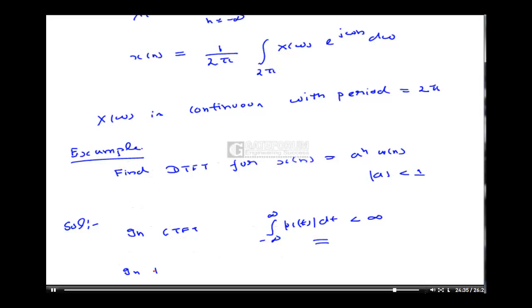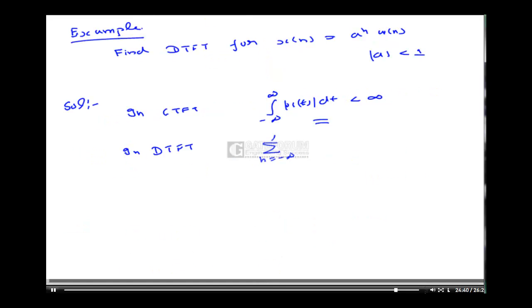Here in DTFT, summation n tending to minus infinity to infinity mod x of n should be lesser than infinity. If we see summation n tending to 0 to infinity mod a to the power n, it is equal to 1 upon 1 minus mod a, which is lesser than infinity, because the value of a lies between minus 1 and plus 1 and is not equal to 1.